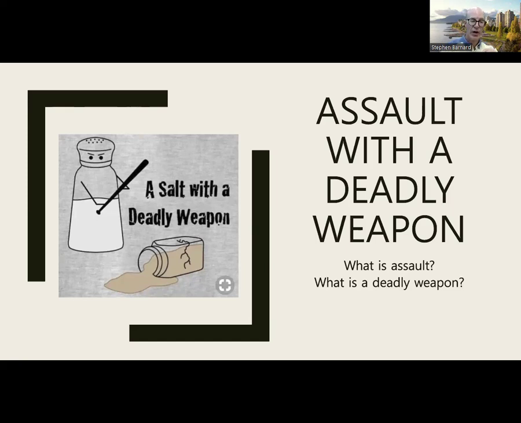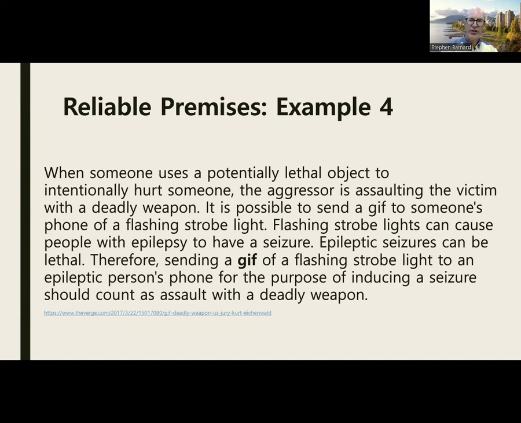Anyway, this is where the example of a GIF as a deadly weapon comes from. When someone uses a potentially lethal object to intentionally hurt someone, the aggressor is assaulting the victim with a deadly weapon. It is possible to send a GIF to someone's phone of a flashing strobe light.